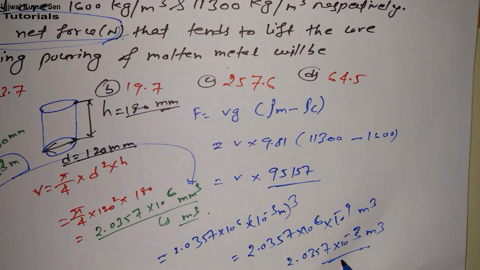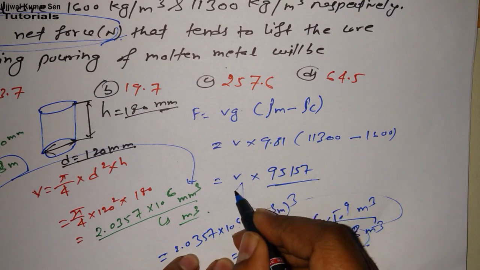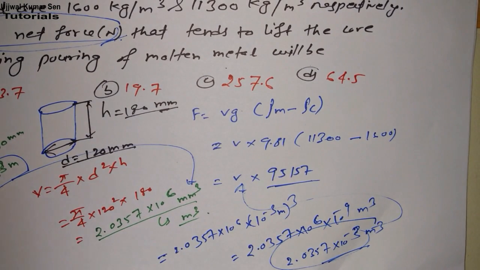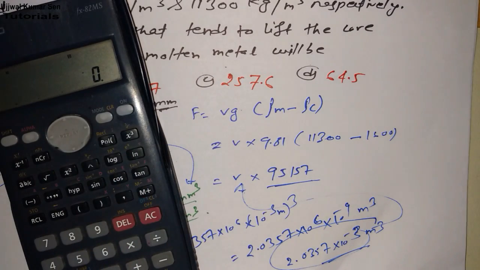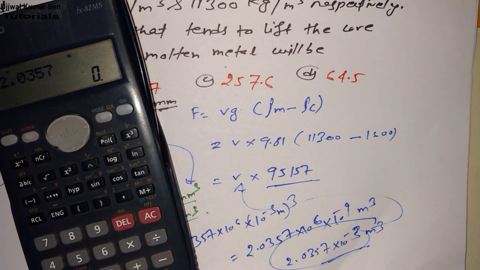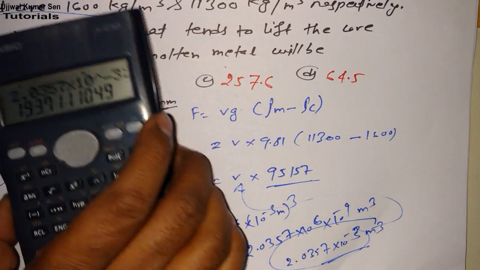Now what we are going to do with this volume is put this value here. So 2.0357 into 10 to the power minus 3 into 95157. If I did not make any mistake in the calculation, then I am going to get the right answer.